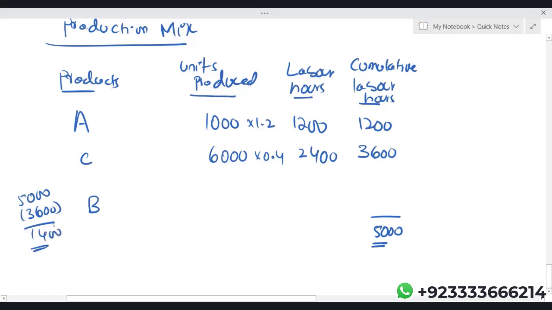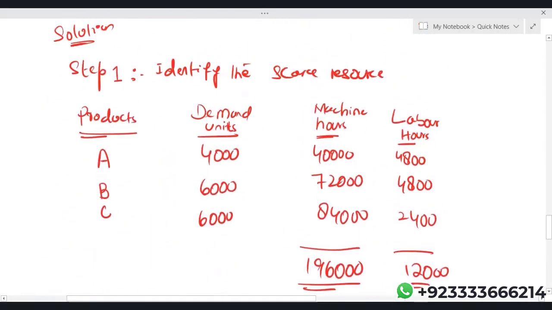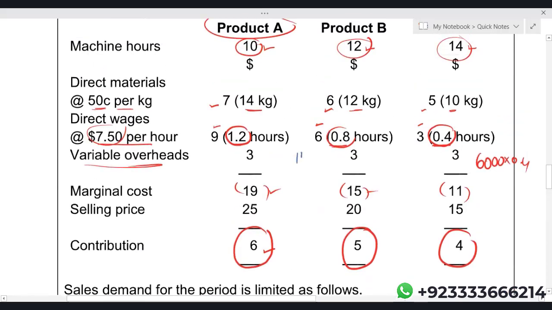Repeat. Labor hours are only 5,000. Out of 5,000 labor hours, we have utilized 3,600 labor hours. We are left with 1,400 labor hours. Now let's see. One unit of product B needs 0.8 labor hours.